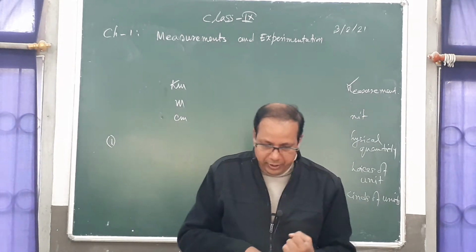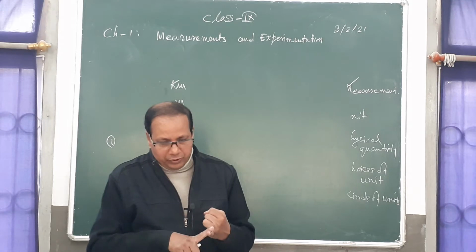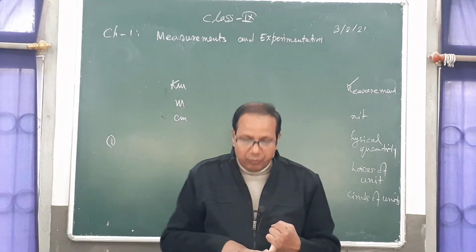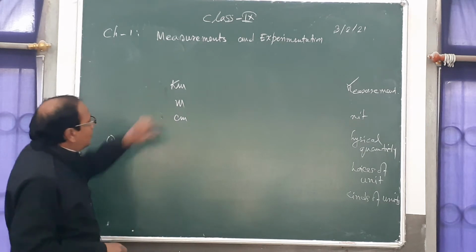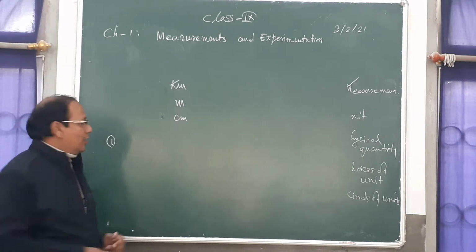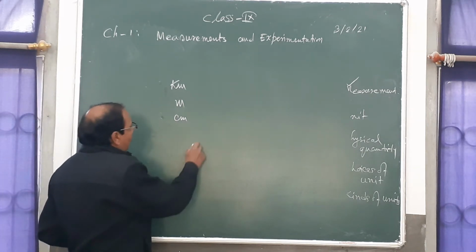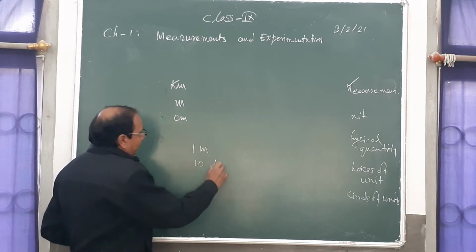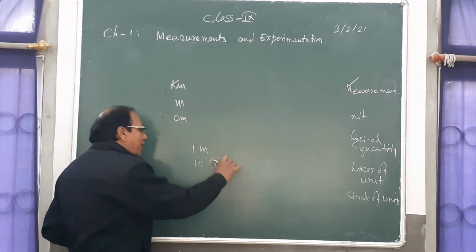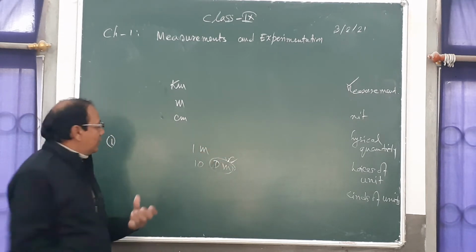Next one, it should be possible to define without any doubt. Without any doubt means, suppose 1 meter we can say 100 centimeter. Now if instead of 1 meter I say 10 decameter, decameter is quite difficult to make you understand compared to meter.